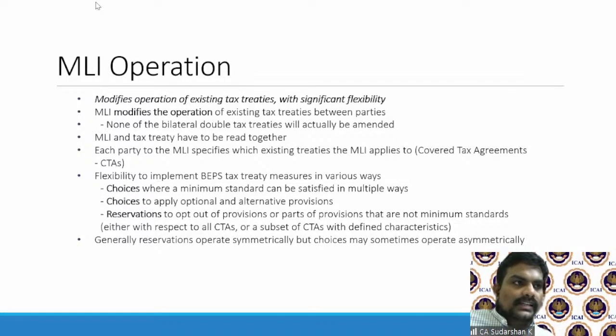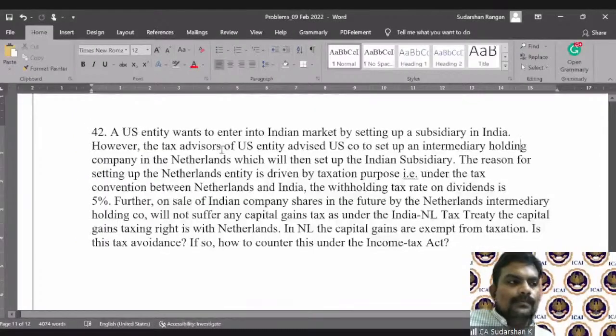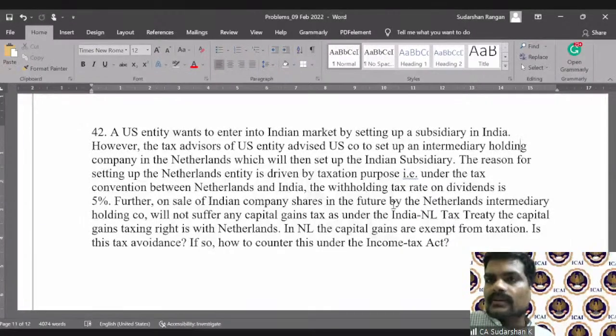So in the question that we saw in 42, the principal purpose or the main purpose for which the Netherlands entity is set up is only for availing tax benefit. Therefore, by virtue of the BEPS MLI, the Indian assessing officer can deny giving tax treaty benefits under the India-Netherlands treaty.